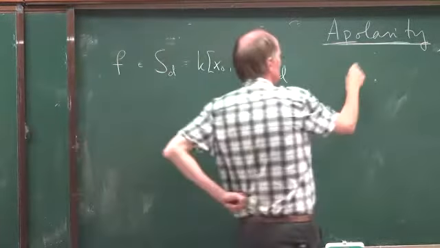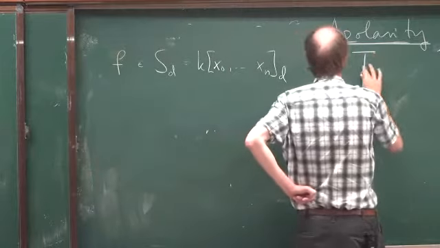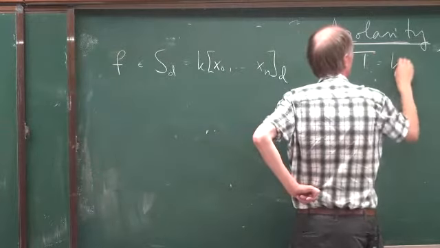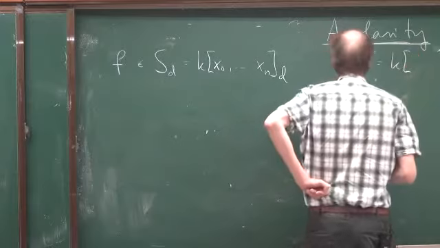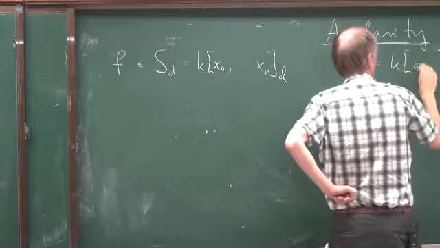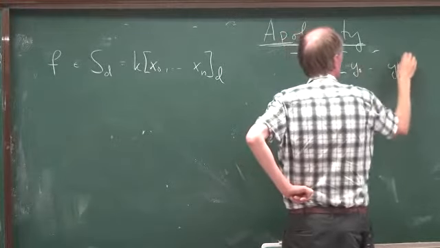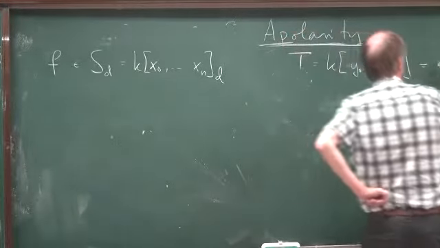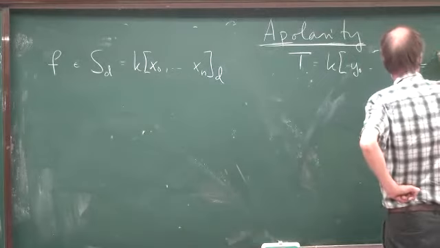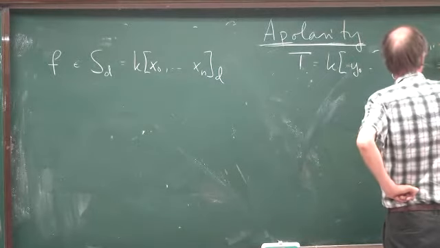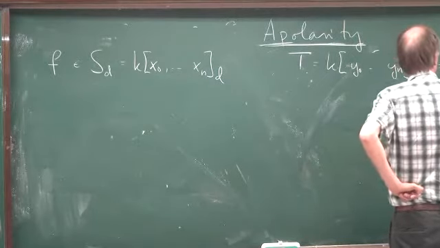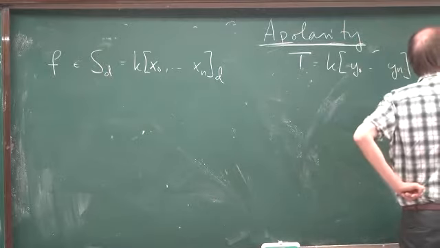And then I have T, which is a copy of this, which I now call y0 up to yn. But I think of this also as the ring of differentials.